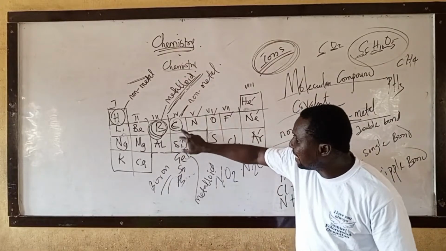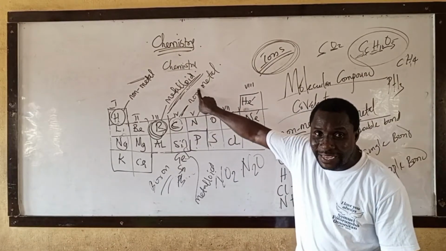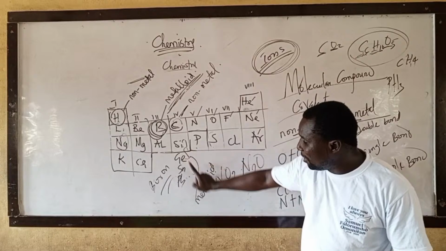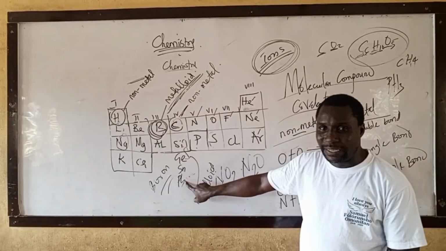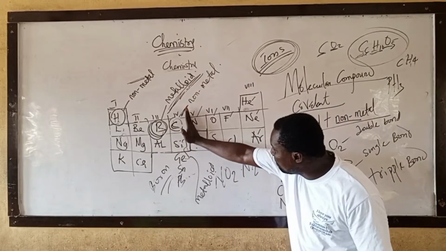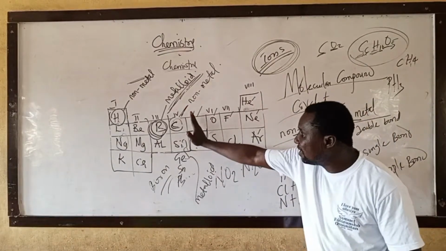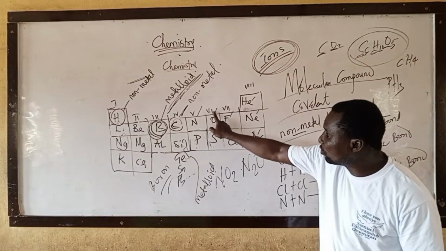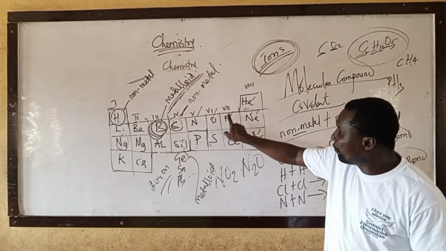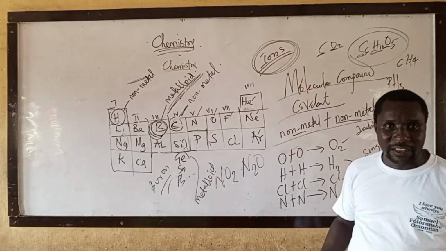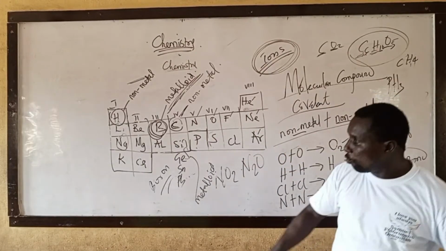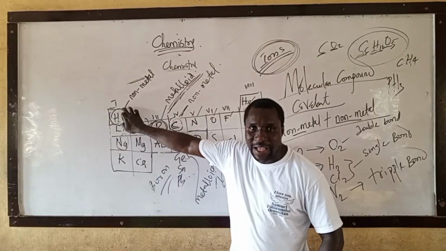Group 4: I said carbon is a non-metal. Silicon and germanium are metalloids. Tin and lead are metals. Then from here to here, they are non-metals. Group 5, nitrogen, phosphorus. Group 6, oxygen, sulfur. Group 7, fluorine, chlorine, and the noble gases, they are non-metals. To recap: group 1 are all metals except hydrogen.